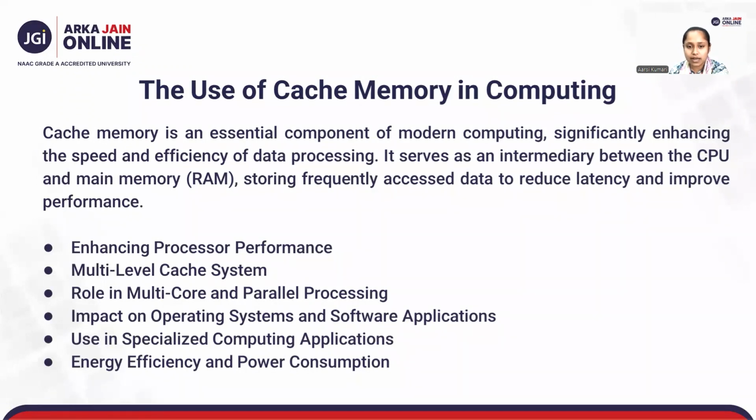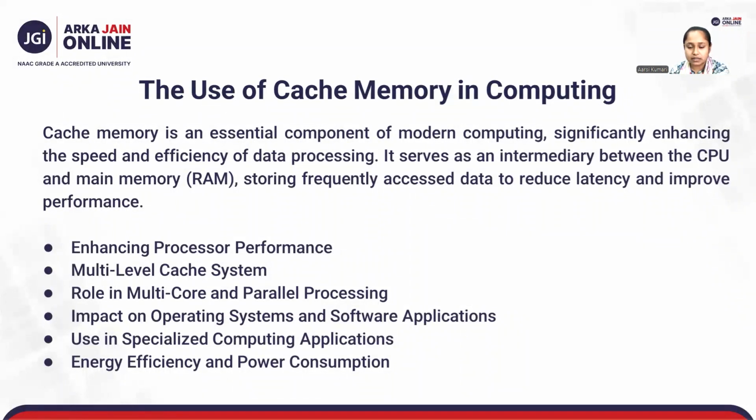Role in multi-core and parallel processing. Cache memory plays a crucial role in multi-core and parallel processing environments. As modern CPUs integrate multiple cores, efficient caching strategies ensure smooth data sharing and synchronization. Shared versus dedicated cache: some processors assign dedicated L1 and L2 cache to each core, while others use a shared L3 cache for inter-core communication.